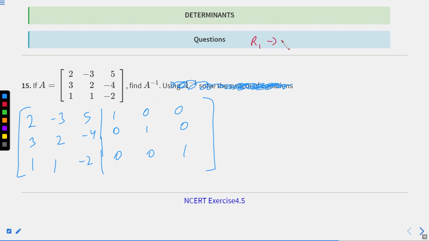So R1, very simple, R1 will be R1 minus R3.